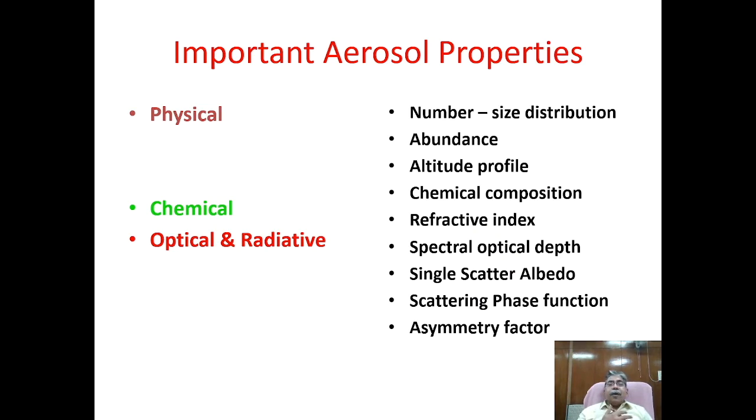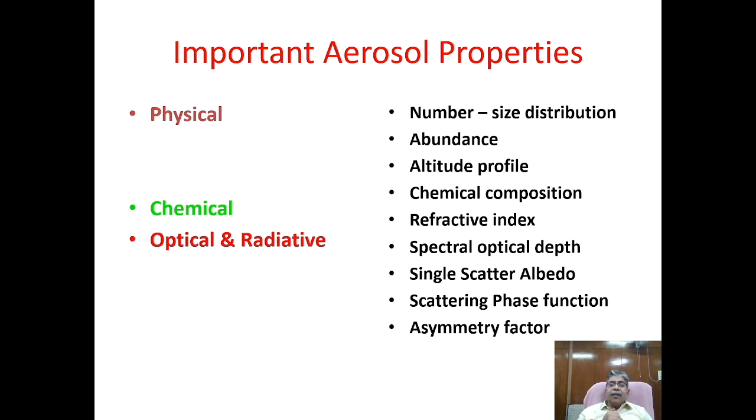Now, some of the important properties of these aerosols, which we need to study in order to study the climatic changes or even the non-climatic changes, are the number size distribution, their altitude profile, their chemical composition, and even the refractive index of these aerosols, which eventually decides whether the particle is more absorbing or more scattering.